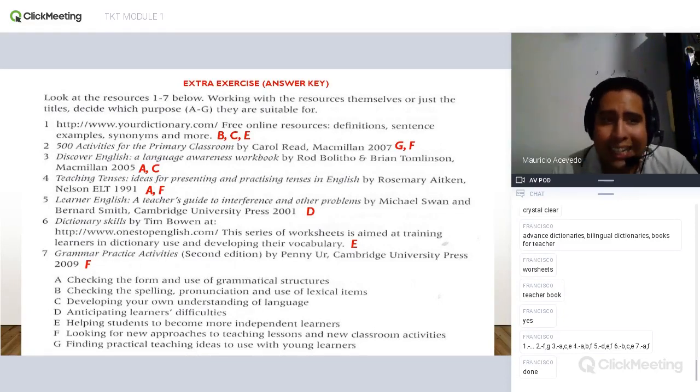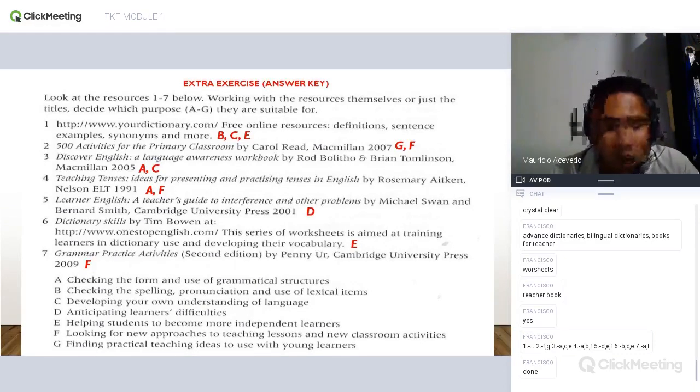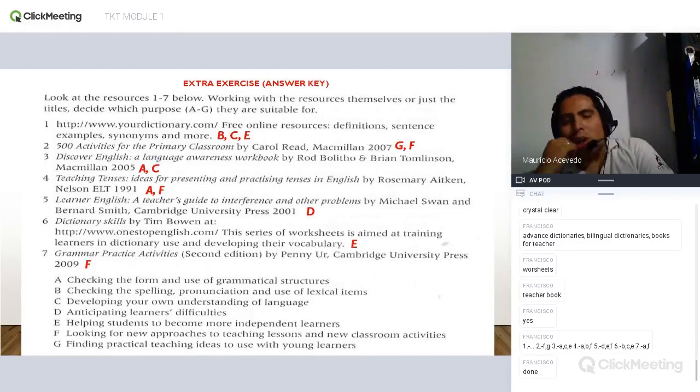You wrote E, but in this case, it's just AC. Okay, maybe you are right. Let's analyze it. Remember, these are Cambridge answers. A language awareness workbook for Roy Brian Thompson, so it is a workbook. So maybe that's why it cannot be E, helping the students to become more independent learners. I'm not sure.